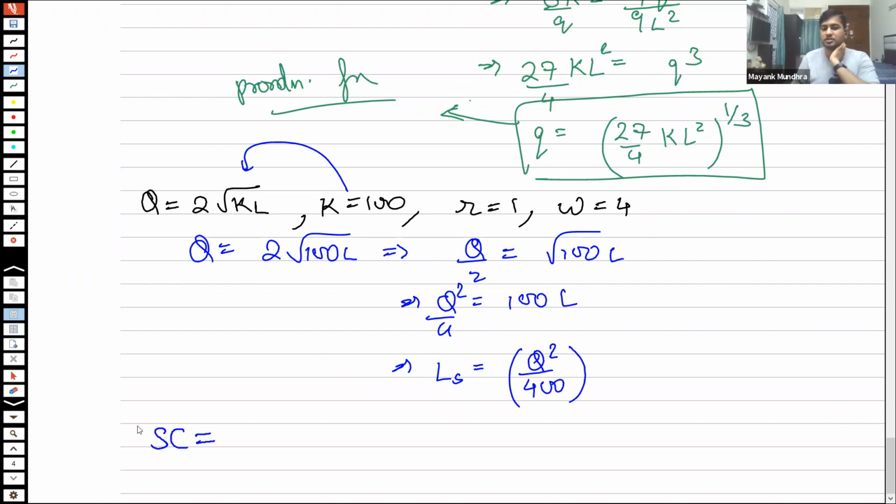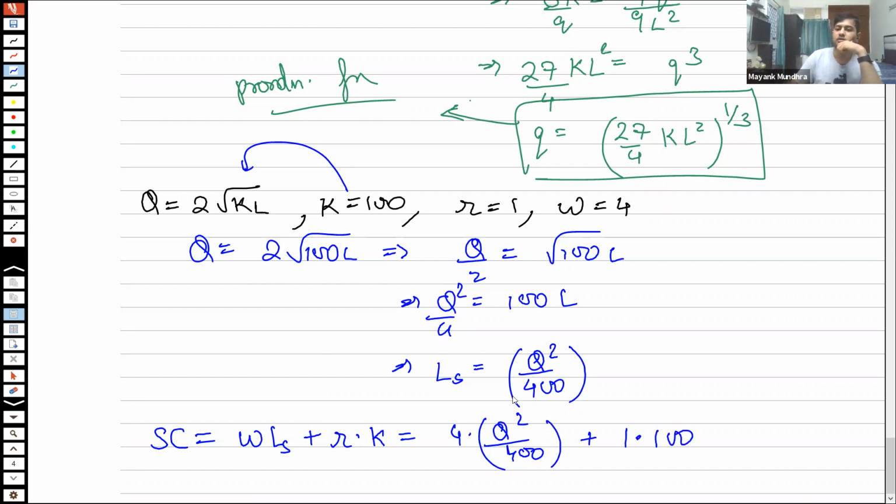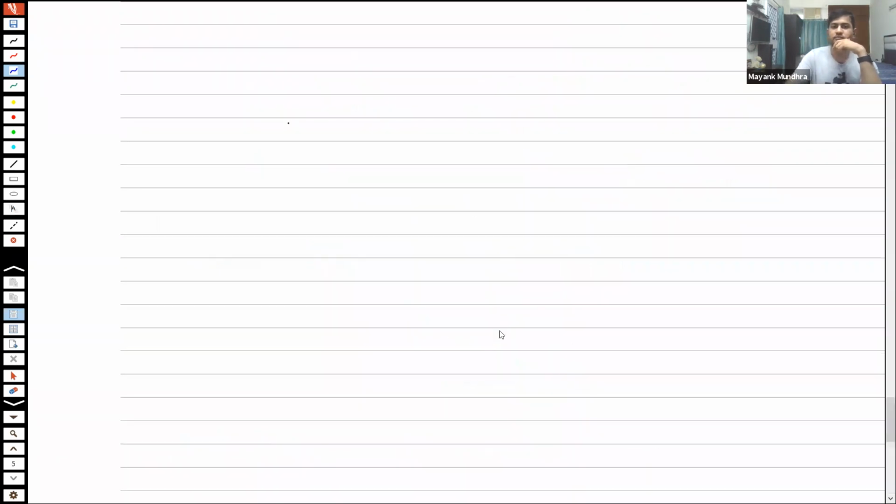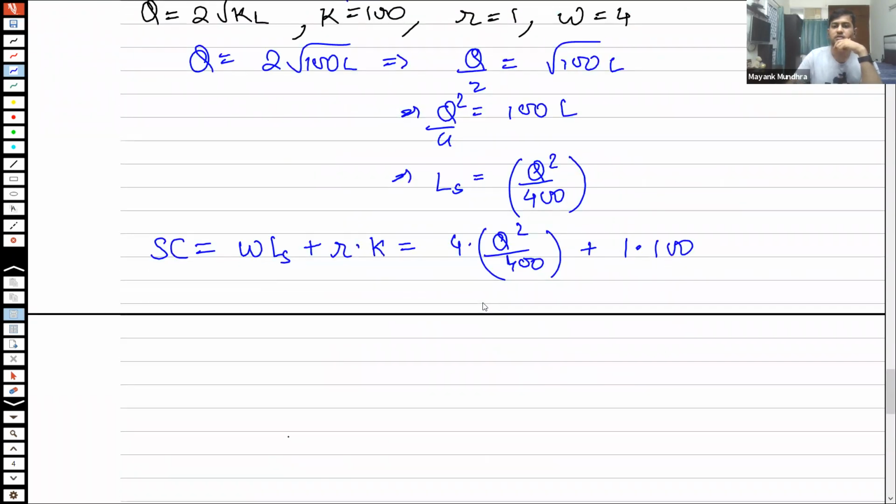The short run cost is W times labor plus R times capital. So this is 4 times Q square by 400, plus R is 1 times K is 100. So this becomes Q square by 100 plus 100.